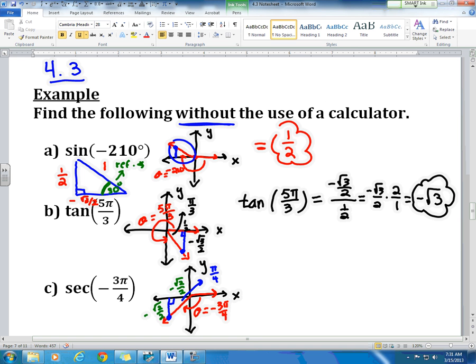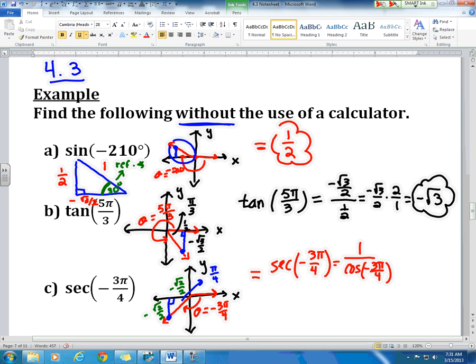And if we're looking for the secant of this angle, secant of negative 3 pi over 4, secant we know is the reciprocal. So the secant of negative 3 pi over 4 is the reciprocal of cosine. So it's 1 over the cosine of negative 3 pi over 4.